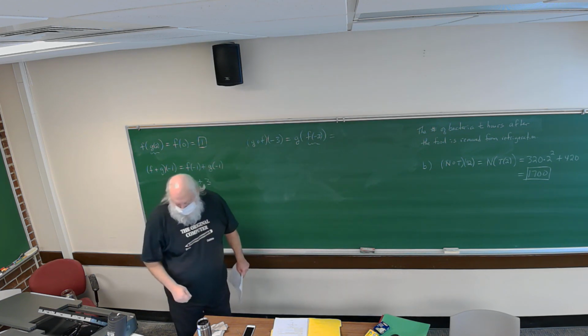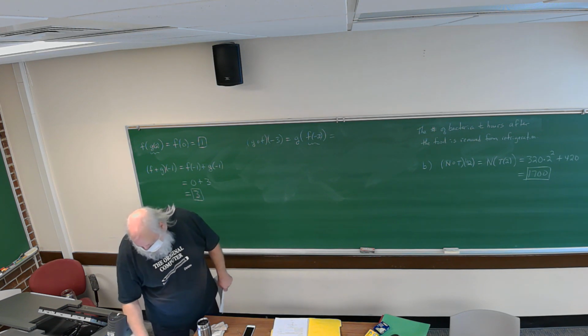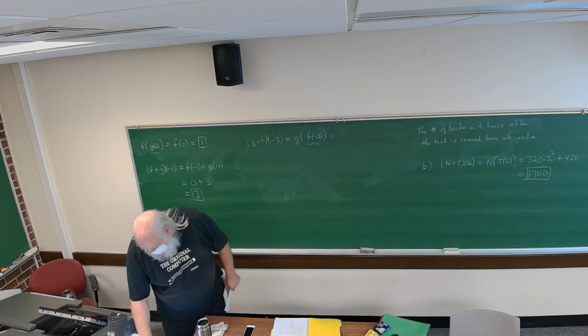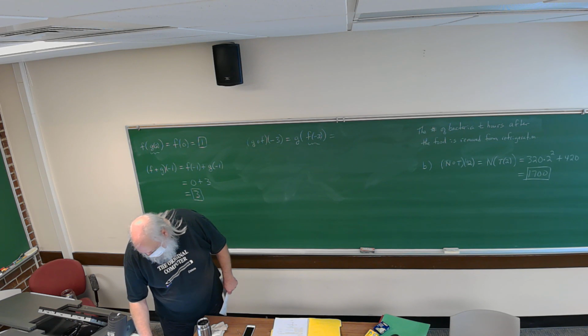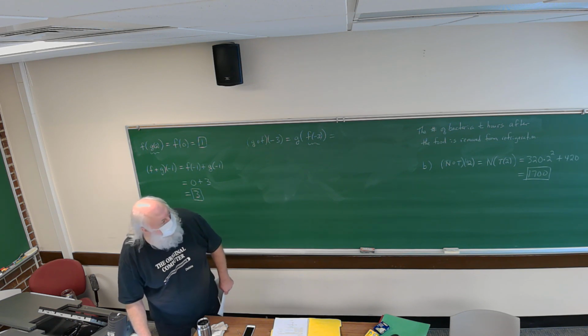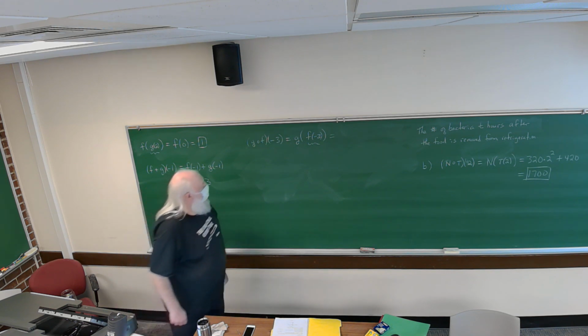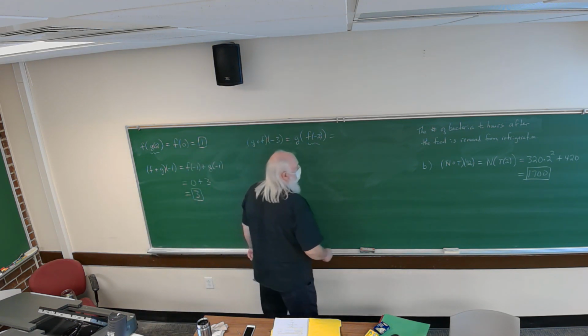Here's the graph of f of x. Here's x equals minus 3 on the x-axis. And here's the point on the graph at x equals minus 3. That point has a y-coordinate of minus 2, so that's the point minus 3, minus 2. And so f of minus 3 is equal to minus 2.